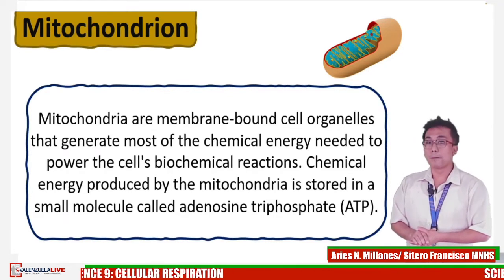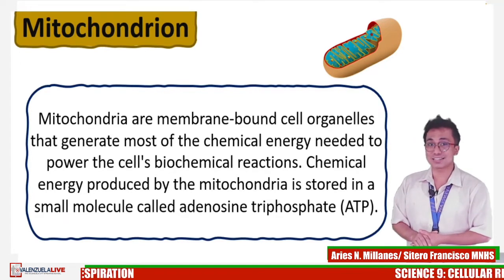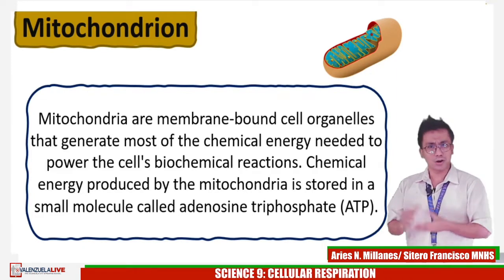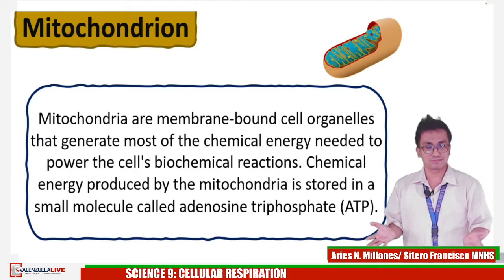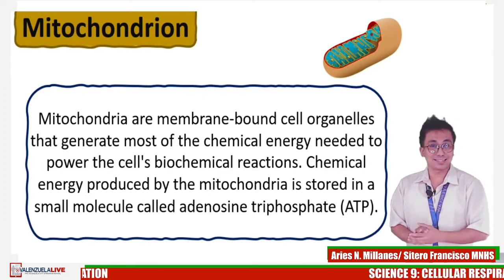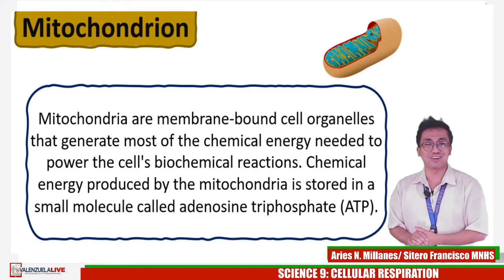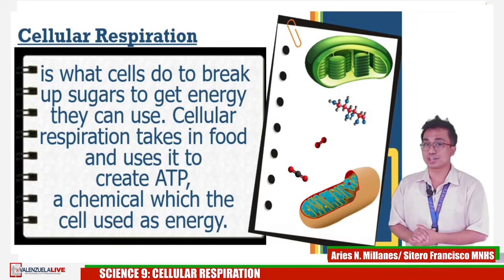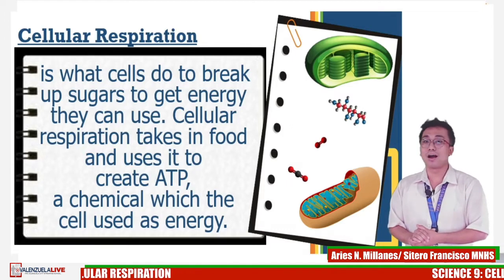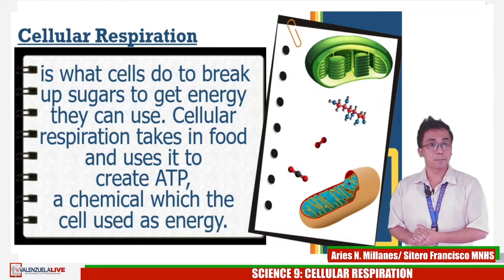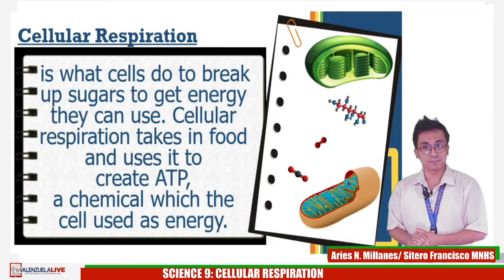If photosynthesis is the plant's processing of energy and food, how about in animals? Yes, it's called cellular respiration. Cellular respiration is the process of harvesting ATP or adenosine triphosphate from the food we eat.